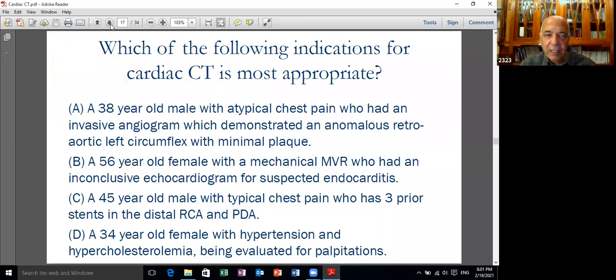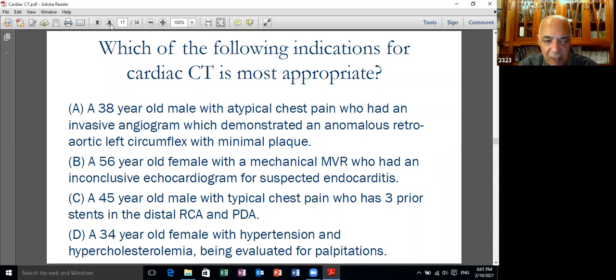Which of the following indications for cardiac CT is most appropriate? A, a 38-year-old man with atypical chest pain who had an invasive angiogram which demonstrated anomalous retro-aortic left circumflex with minimal plaques. B, a 56-year-old female with mechanical mitral valve replacement who had an inconclusive echocardiogram for suspected bacterial endocarditis.